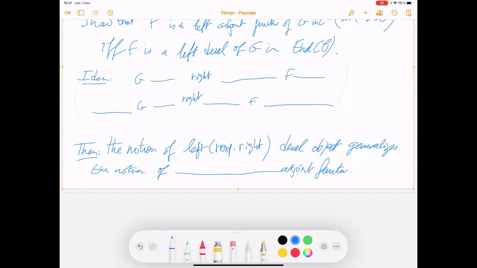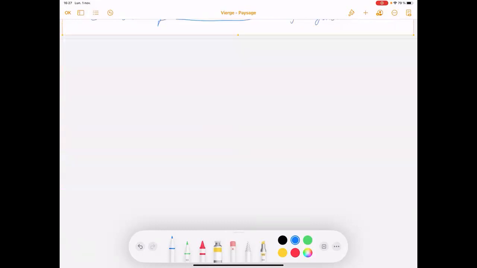So now we can state the proposition I mentioned before and prove it, at least begin to prove it.